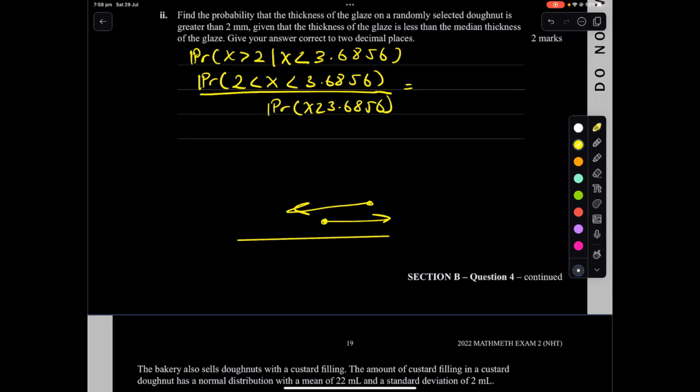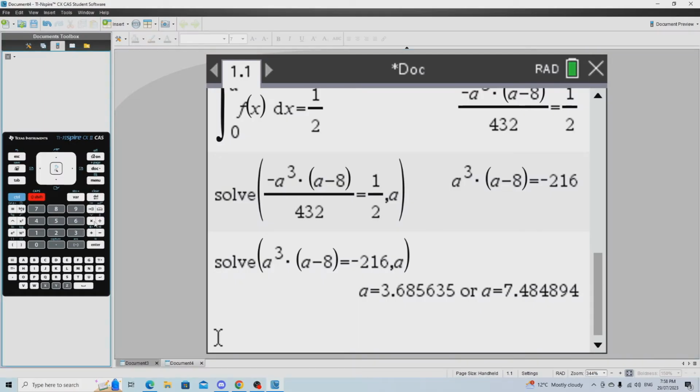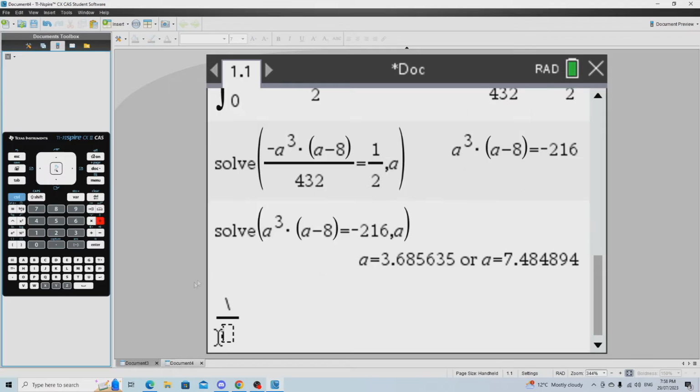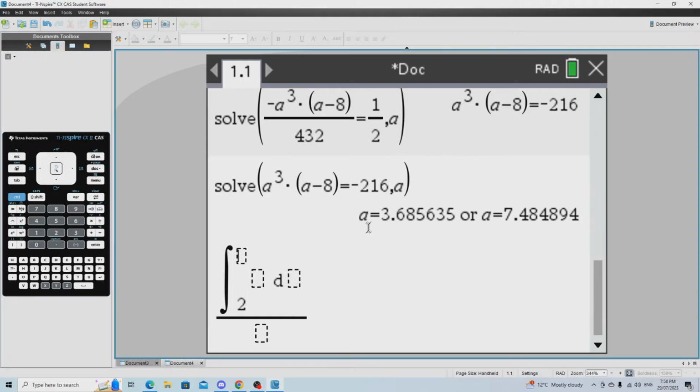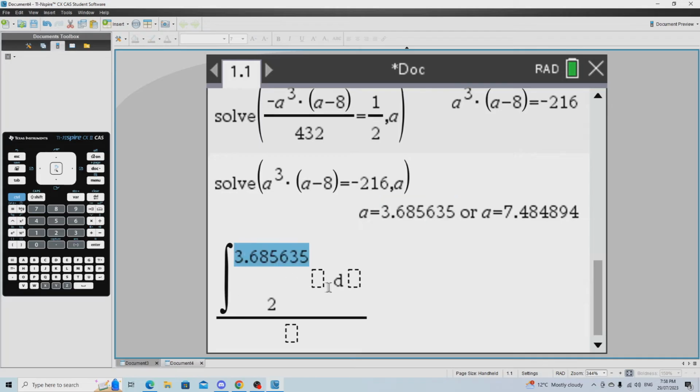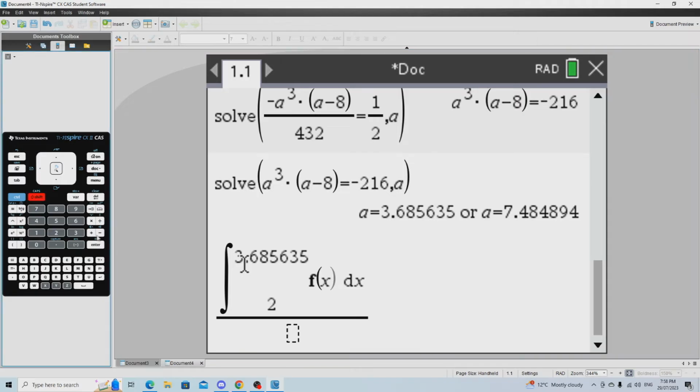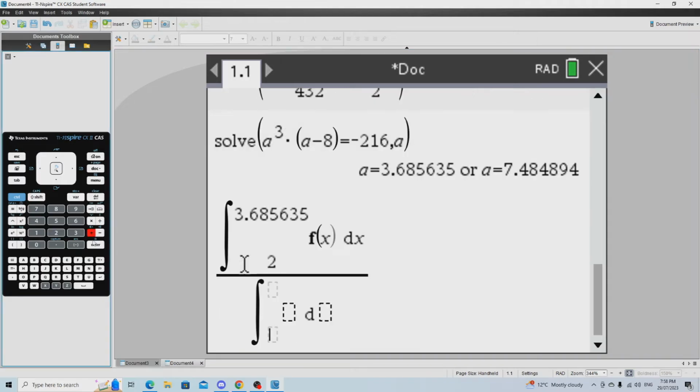Putting that in my calculator, let's put division in here. So we're saying the integral from 2 to your median value, which is over here, of f of x dx, and we want to divide by the integral where it's less than this.